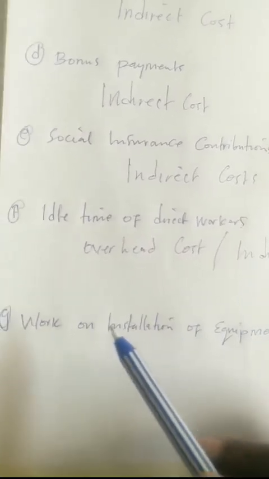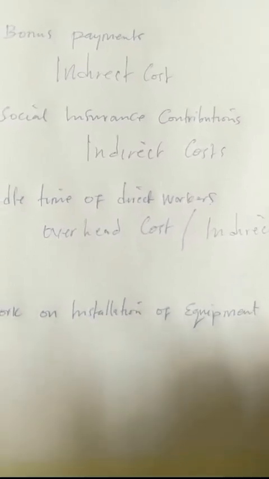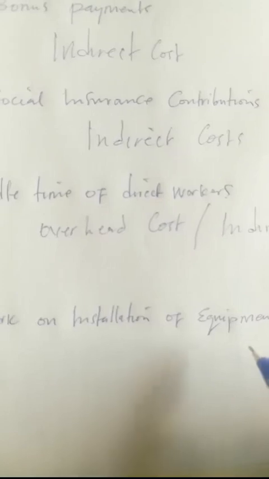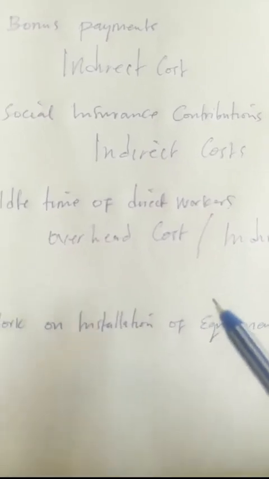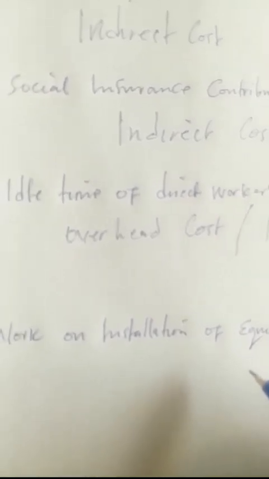Okay. Then my number G, work on installation of equipment. This one will be added to the equipment total cost, okay? So it has nothing to do with the direct cost, indirect cost, or direct expenses.